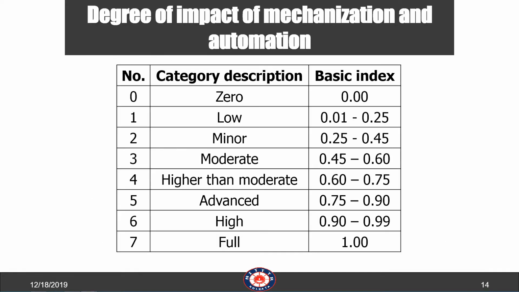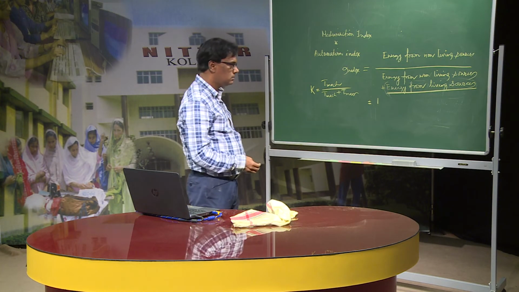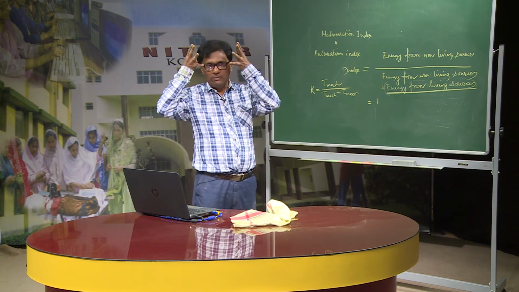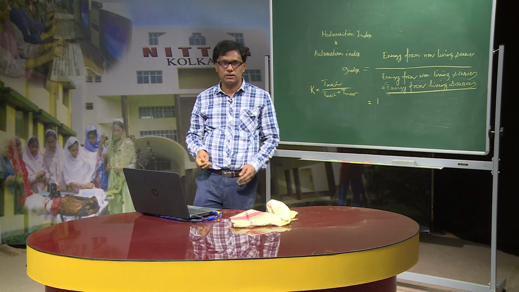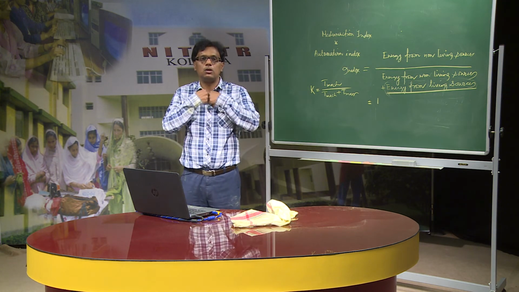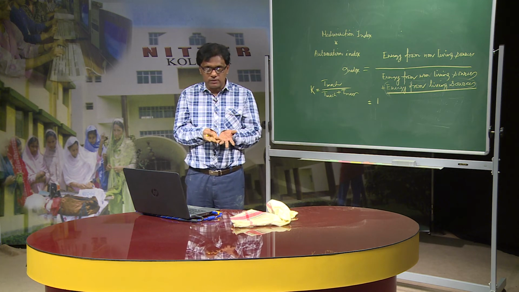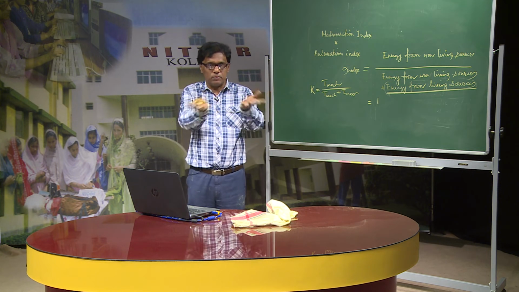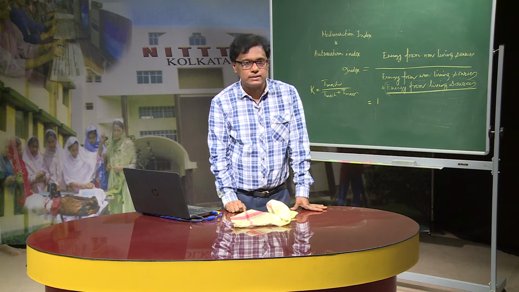Now, the degree or level of impact of mechanization and automation. What is the physical significance of, say, low level automation? 0 level automation means all energy consumed by the manufacturing system is coming from living sources of energy. That means all our operations are performed by the operator itself.